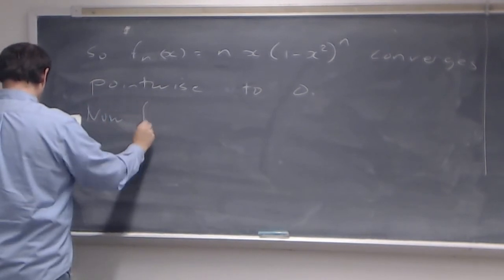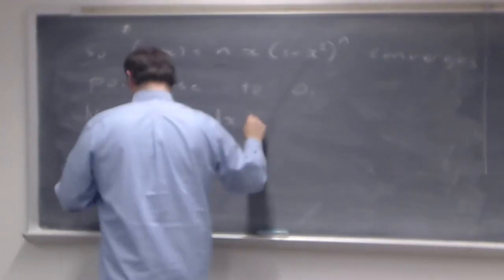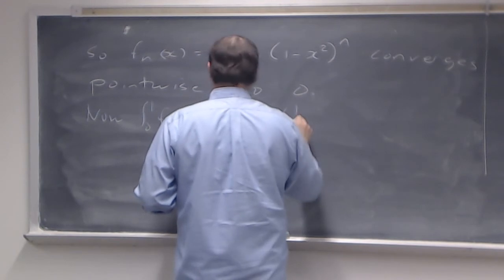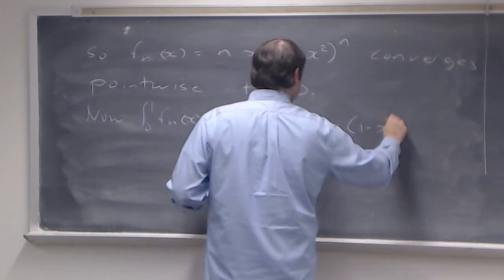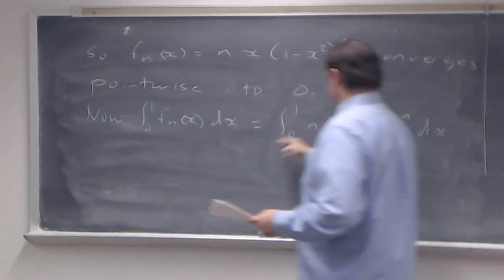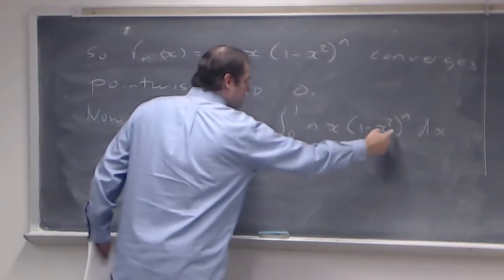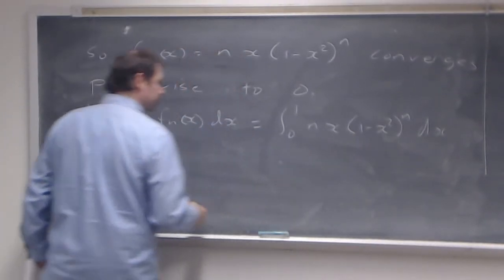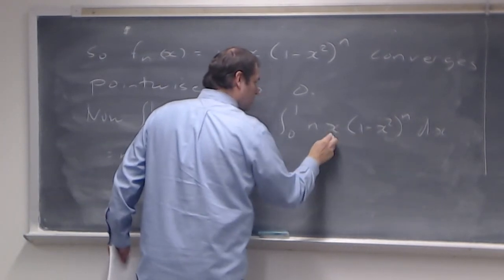Now, the integral from 0 to 1 of f sub n of x dx is equal to the integral from 0 to 1 of n times x times (1 minus x squared) raised to the n dx. Okay, the n can be pulled out. Here, you can integrate this by u-substitution. Here you'd have something raised to a power, and here's almost the derivative of something.